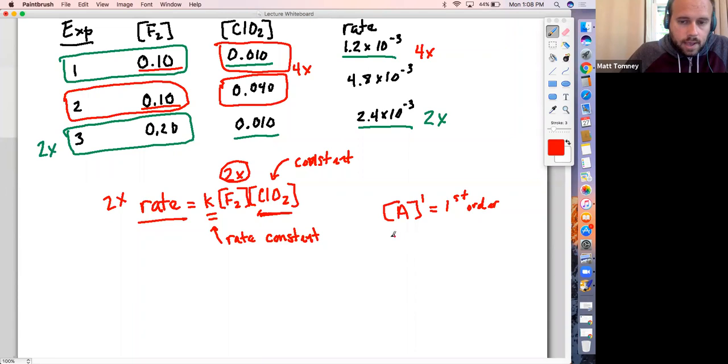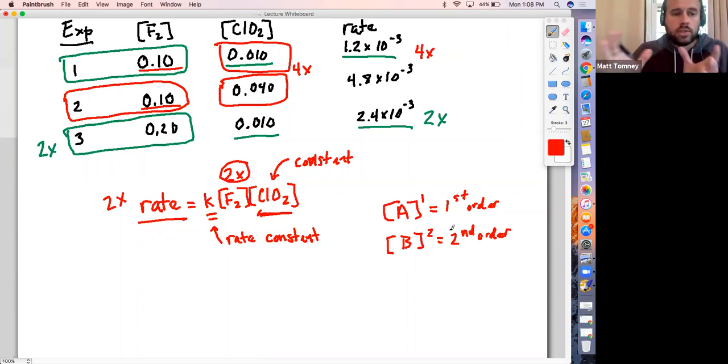If I have something that is raised to the second power in my rate law, that would be considered second order. So you get the point here. If I had something that was going to be cubed, that would be considered third order in relation to the reaction.